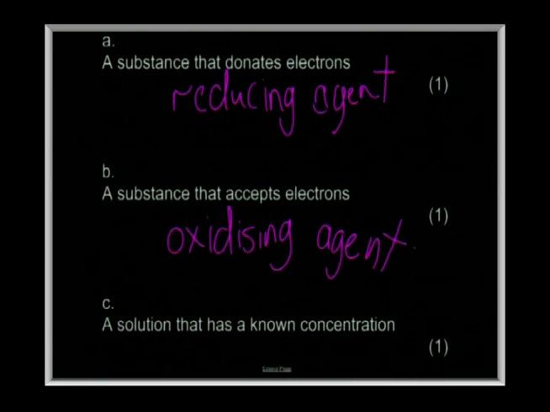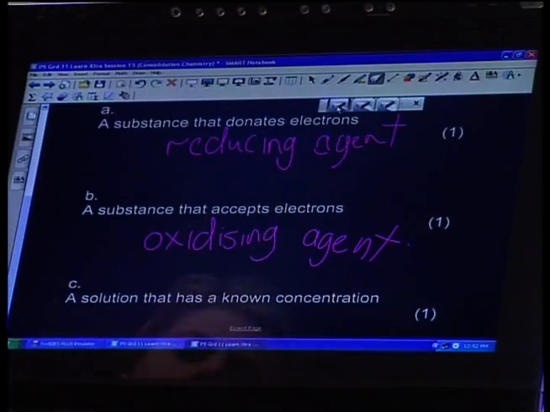And then finally, quite out of the blue, a solution of known concentration. So a solution of known concentration means it is a solution that we made ourselves. We measured off how many grams of whatever reagent. We know the volume of water that we used. And such a solution, of course, can be used in a titration.